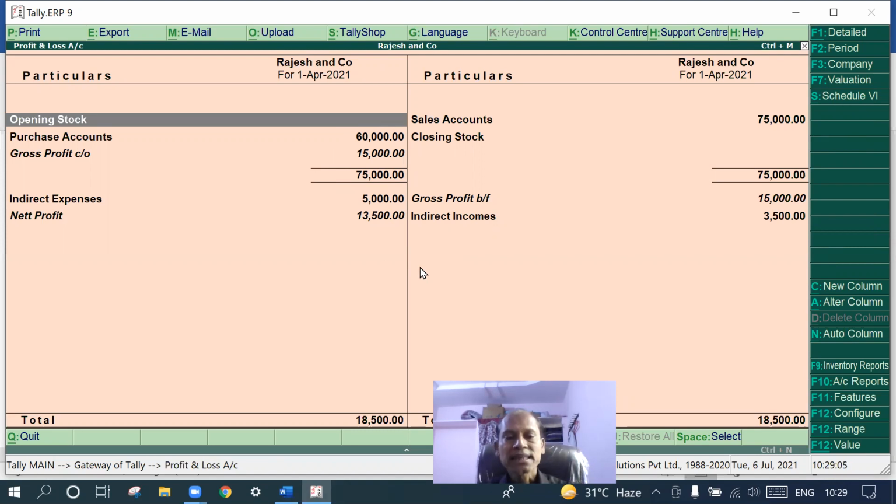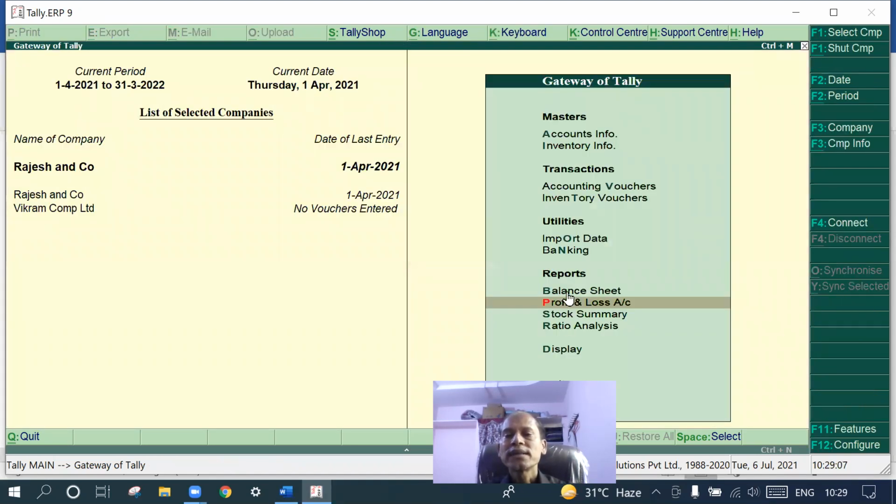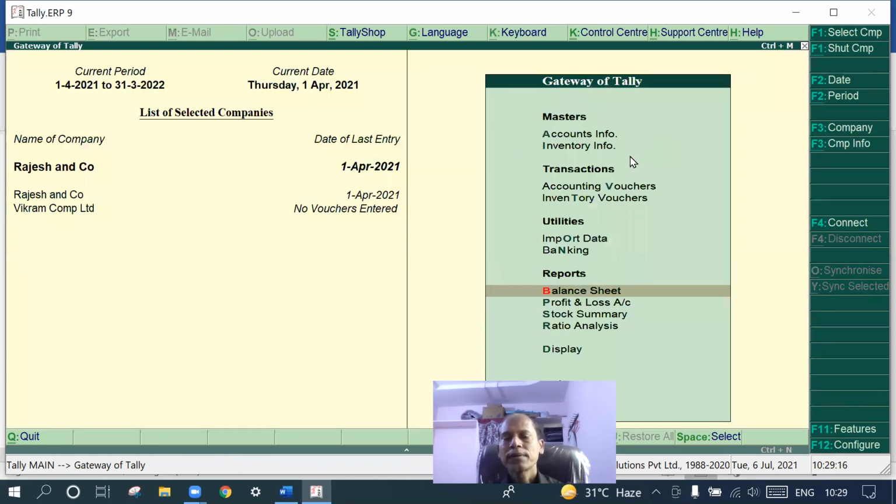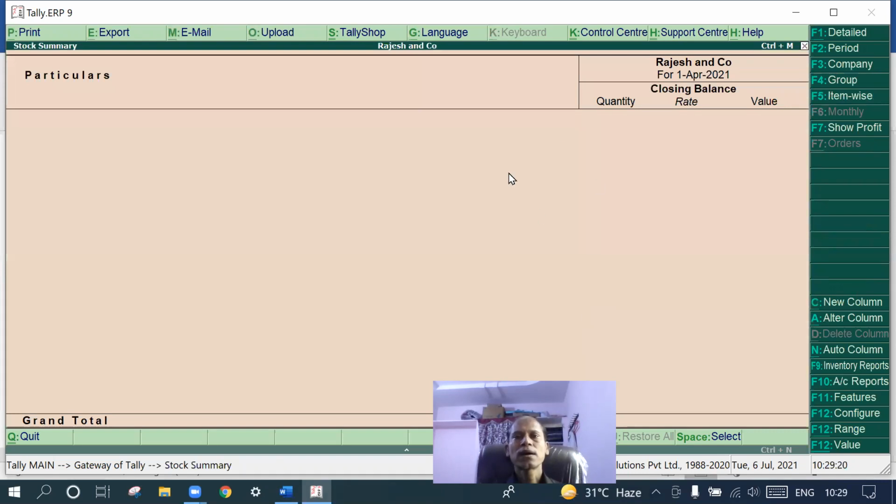Yes. Escape. Now you can see the balance sheet. This is the balance sheet. Escape. Stock summary. This is the stock summary. No stock because we purchased 3 computers and sold 3 computers. So there is no stock.